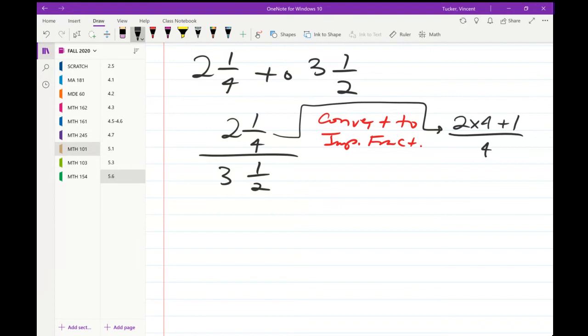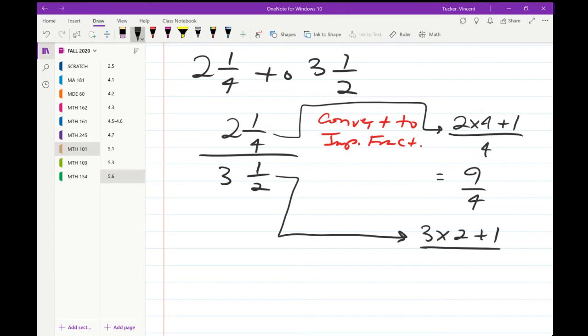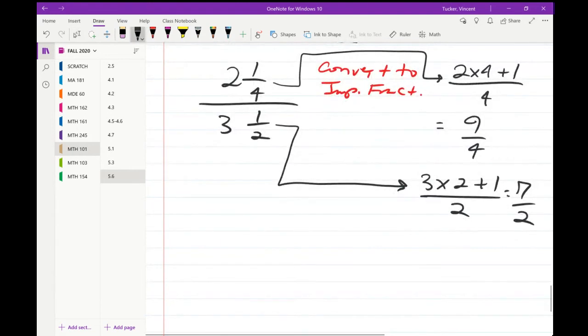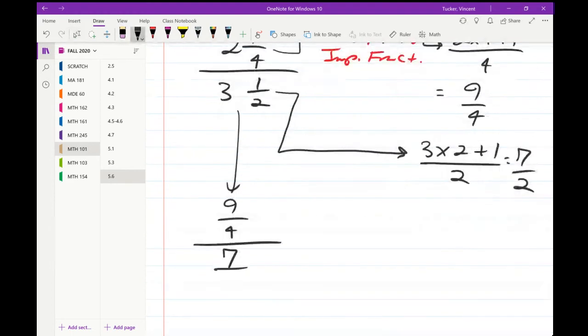So 2 times 4 is 8 plus 1 is 9/4. And then for 3.5, that's 3 times 2 plus 1. And 3 times 2 is 6 plus 1 is 7 over 2. So now I have 9 over 4 divided by 7 over 2.